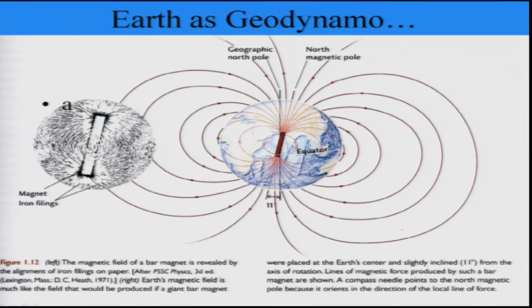Another important aspect is this question: any magnet, if you put it at a very high temperature, will melt or demagnetize. So why do we keep having a strong magnetic field which is not destroyed completely?